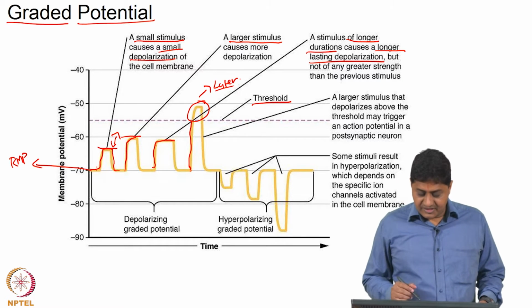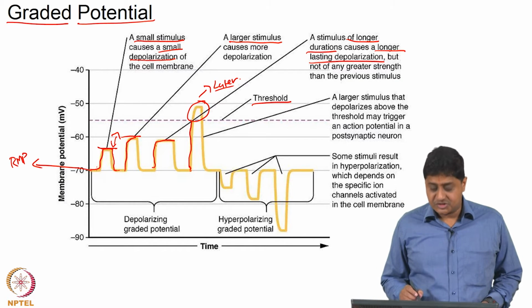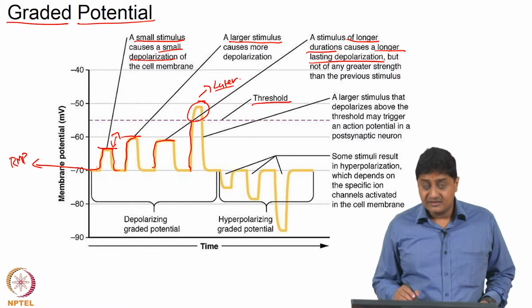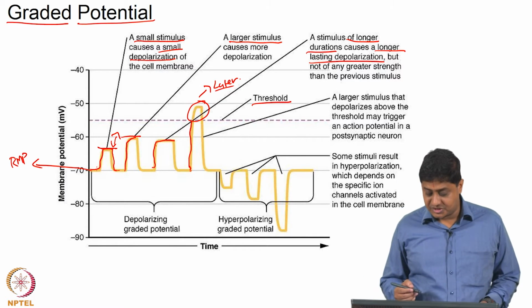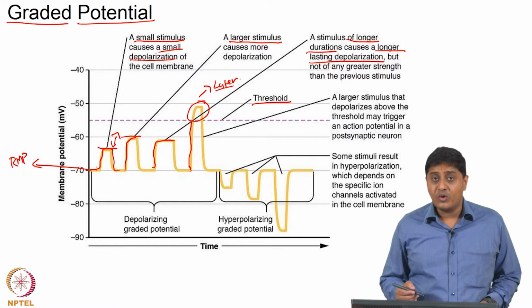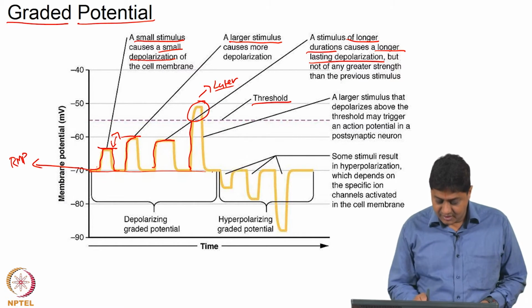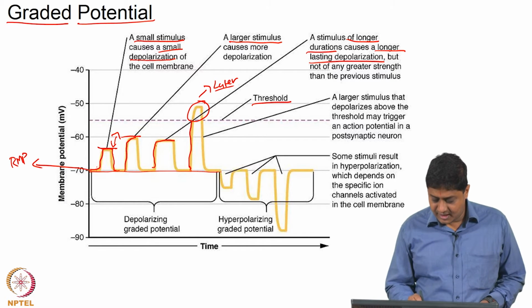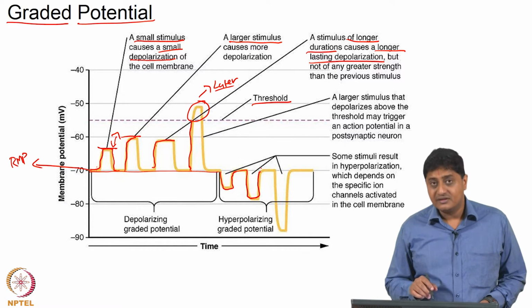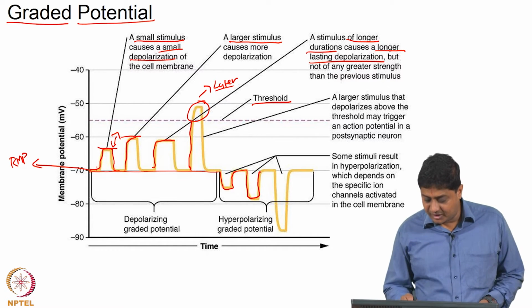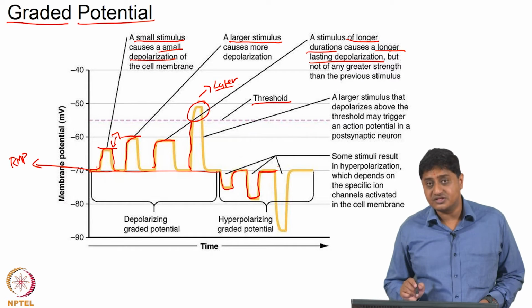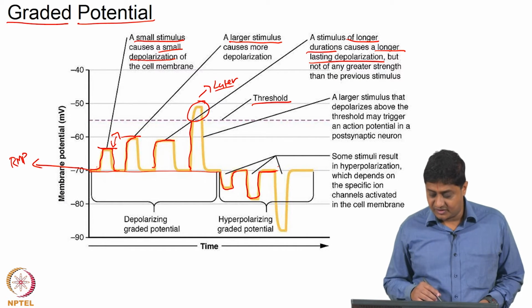It is also possible for some stimuli to cause hyperpolarization, or in other words this could make the membrane potential go more negative or less positive. Earlier, from the resting membrane potential, some stimuli can make it less negative. Note here also there will be gradations, and depending on the duration of the stimulus the response duration will vary.